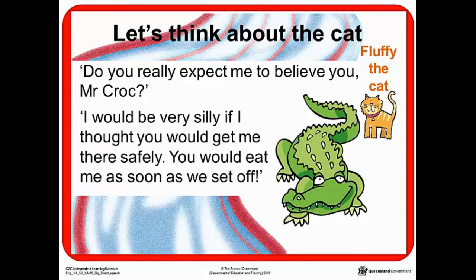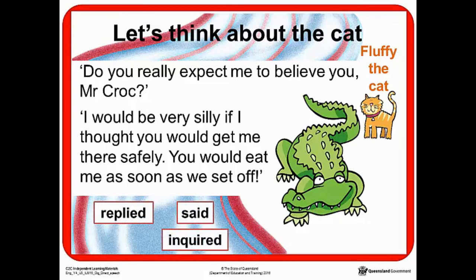You would eat me as soon as we set off." She is a pretty smart cat, our Fluffy the cat. Can you see the direct speech that's been added? What saying verbs could we use in this section? We could use replied, said, inquired, asked.